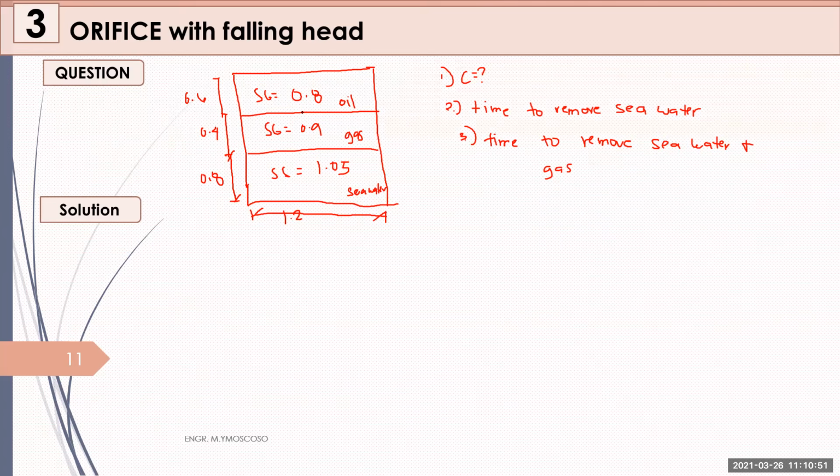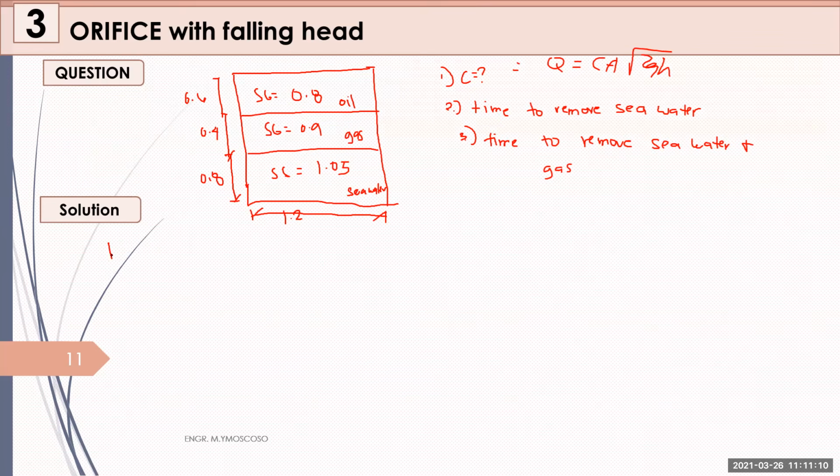'Di ba? Ang C, yung hinahanap natin, that would be Q is equal to CA square root of 2GH. Baka yung H ninyo na i-base is that would be 0.6 plus 0.4 plus 0.8. That is wrong. Okay, i-consider rin natin yung fluid inside our tanks.